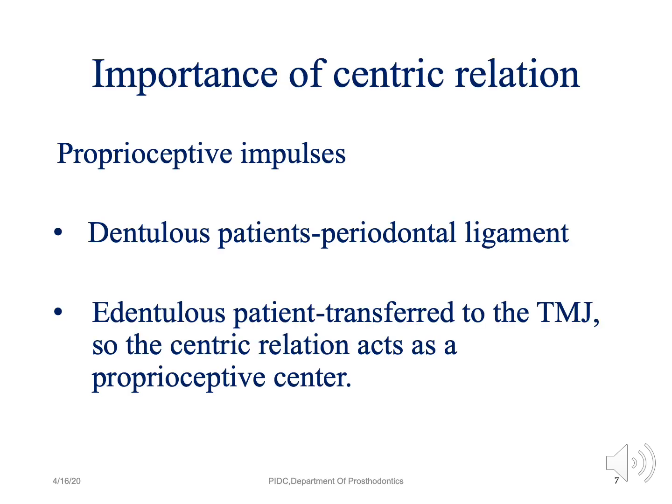Now, why is this centric relation important? Let's talk about proprioception here. When you have a patient who is dentulous, the patient has teeth and a periodontal ligament, so his proprioception is in the periodontal ligament, which triggers the brain to say whether he's biting right or wrong. But in the edentulous patient, it is transferred to the TMJ.